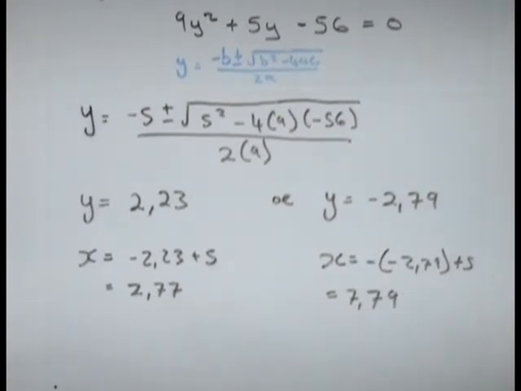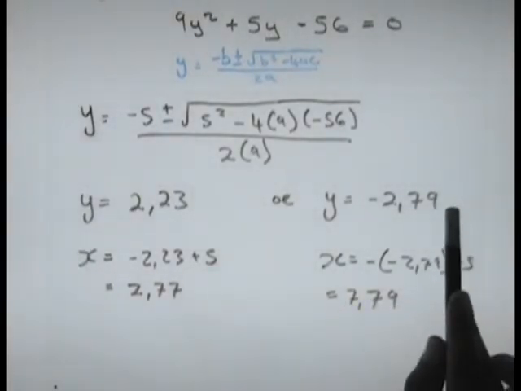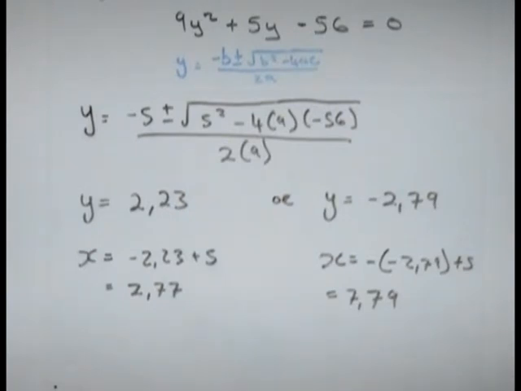So my one set of values are x is equal to 2.77, y is equal to 2.23, and my other set of values are x is equal to 7.79, y is equal to negative 2.79.